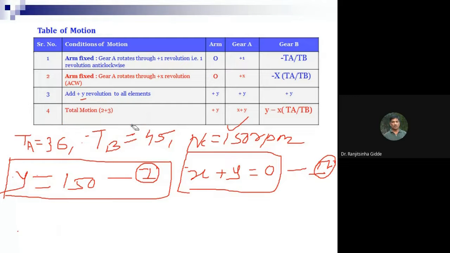So based on this, we need to find out the speed of gear B. So once again, for your information, I will read that condition.